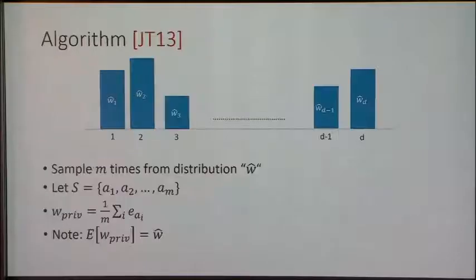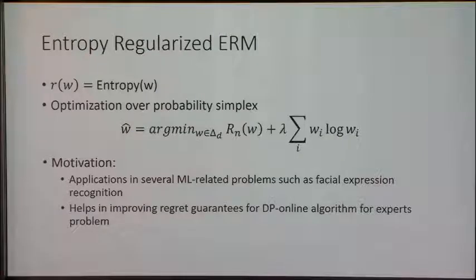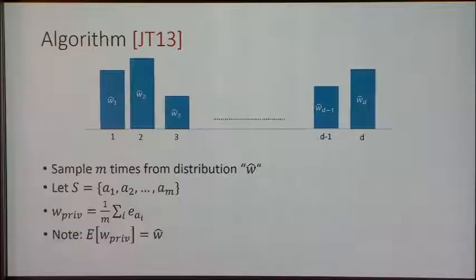So the algorithm is very simple. Because I am learning this W hat, which is a probability distribution, it will look something like this over D dimensions. Now what we'll do is sample this distribution m times with this probability distribution.